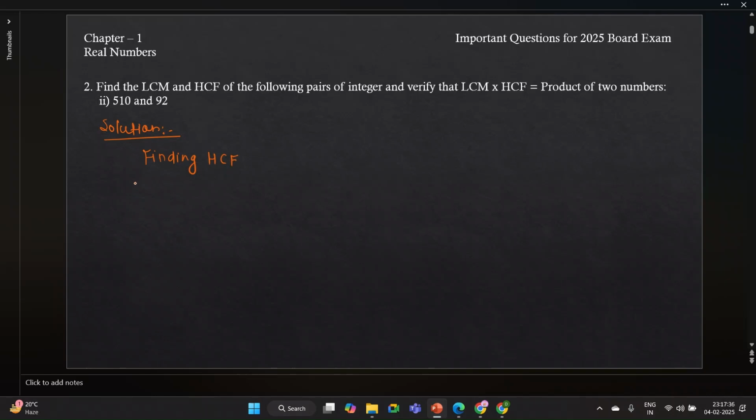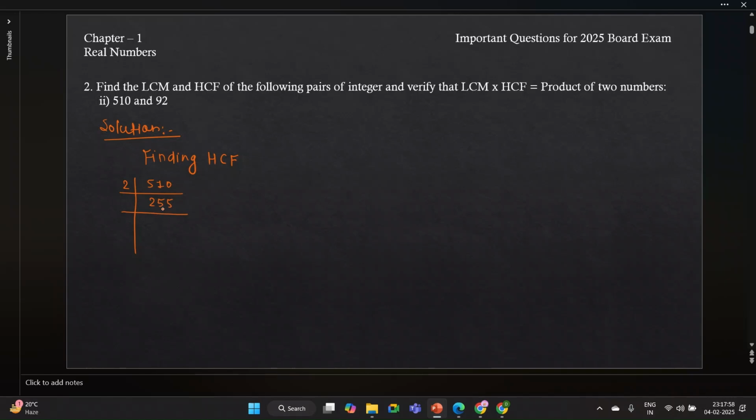So if I'm finding the HCF, so directly I'm writing 510, and you know that 510 is divisible by 2. If we divide by 2, then 2 times 2 is 4, and then 1 is coming here, 2 times 5 is 10, and then 2 times 5. Okay, so it would be 255, and 255 is not divisible by 2.